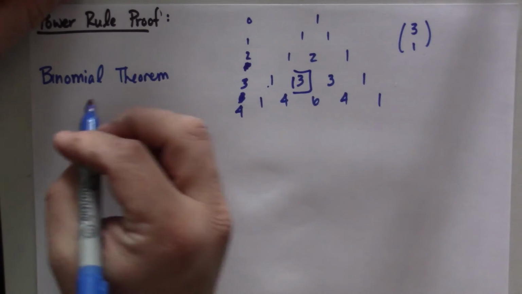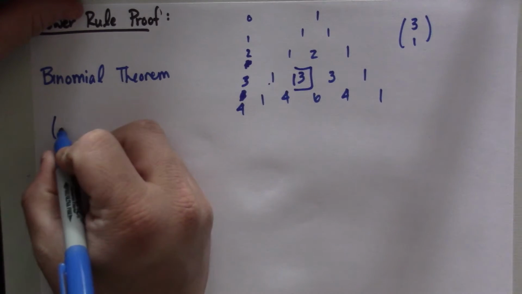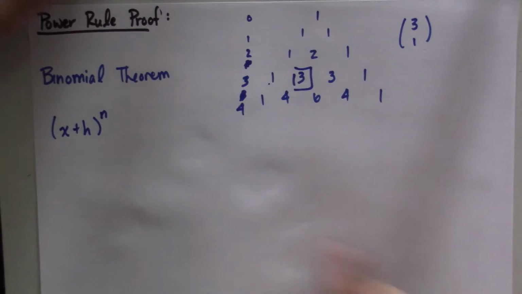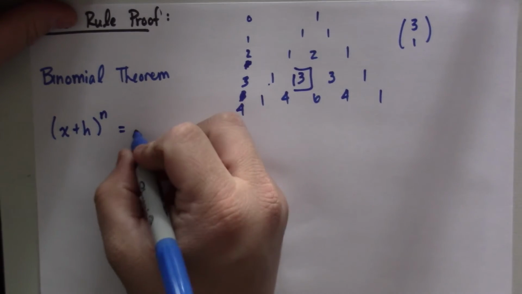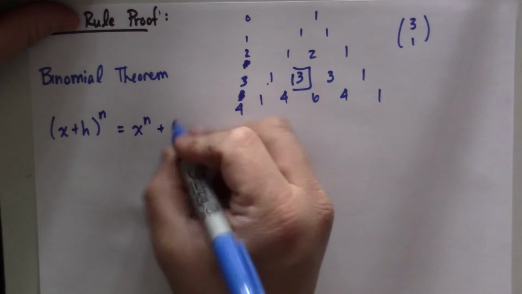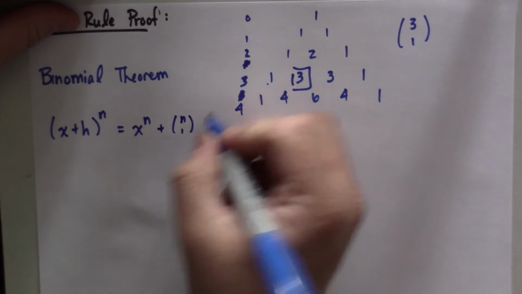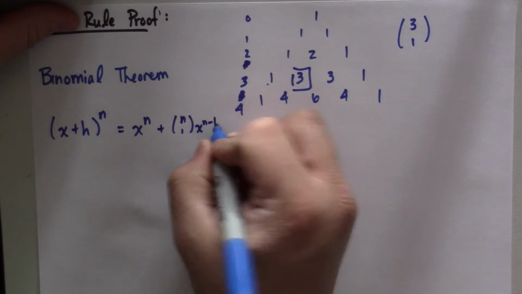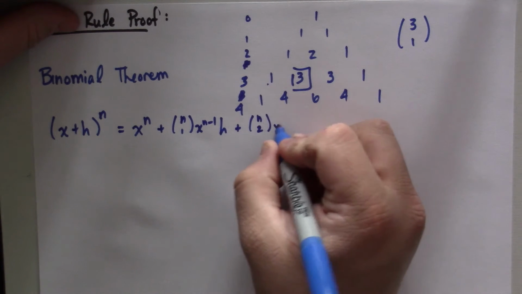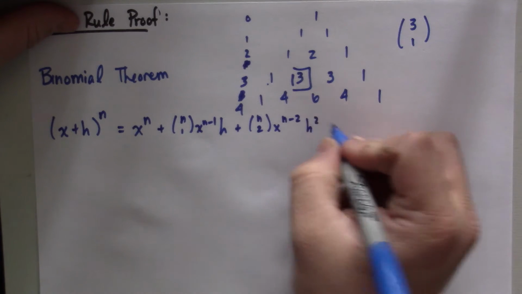Now, what this allows me to do is, if I have x plus h to some number n, I can expand this out as x to the n, plus n choose 1, x to the n minus 1, h, plus n choose 2, x to the n minus 2, h squared.